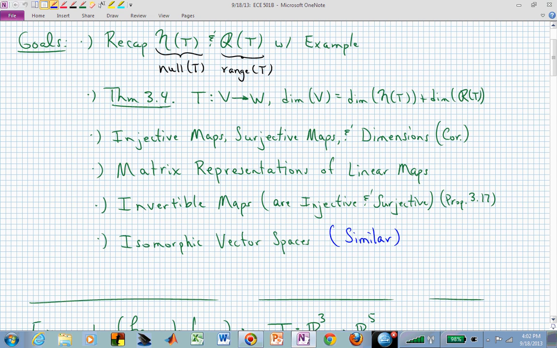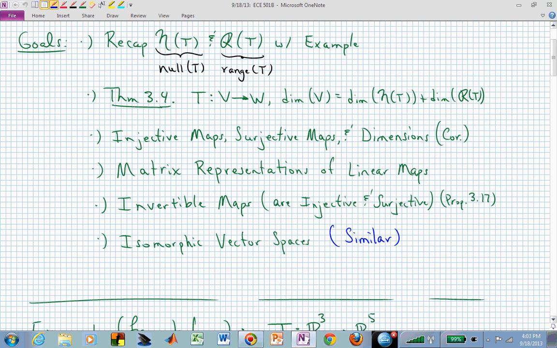If you've had linear algebra with matrices, you've already seen these subspaces, I hope. And there's actually 2 others that are orthogonal complements to these 2, but these are the 2 that we're talking about now, the range space of T and the null space of T. And those 2 are subspaces within 2 different vector spaces, the domain and the codomain.